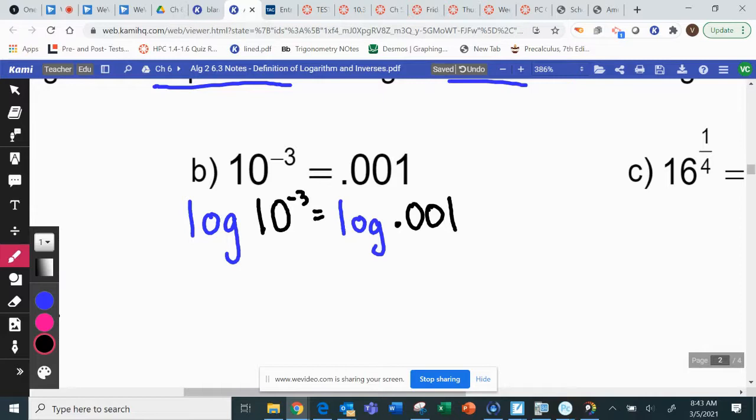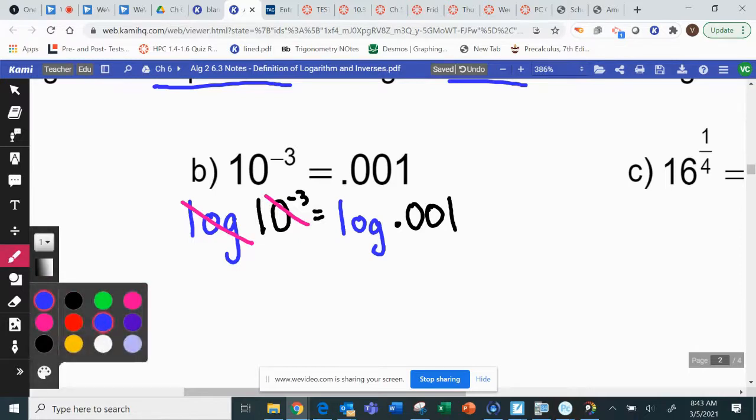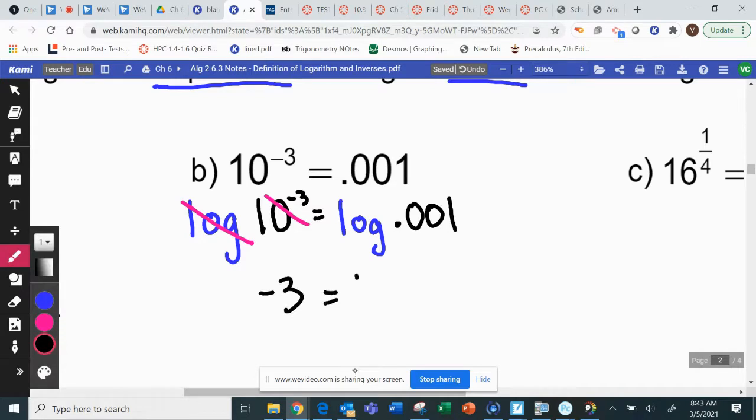If I do log base 10, that cancels with a base of 10. I get -3 equals log base 10 of 0.001. And that's it.